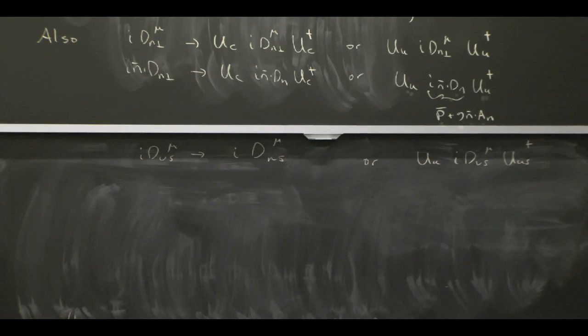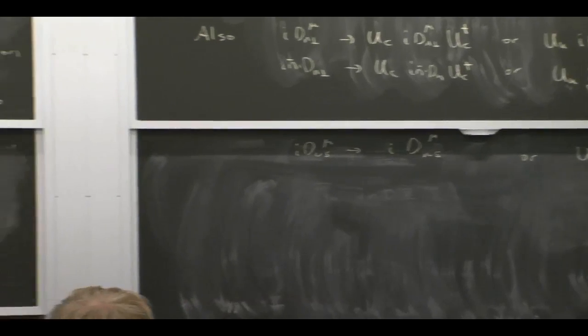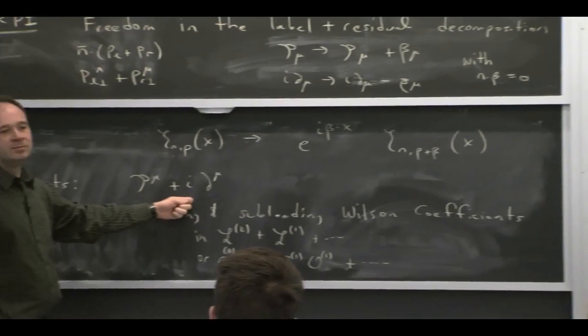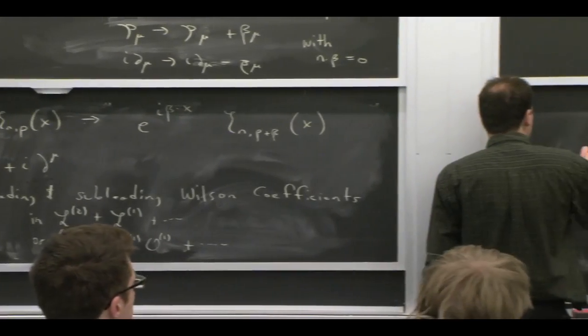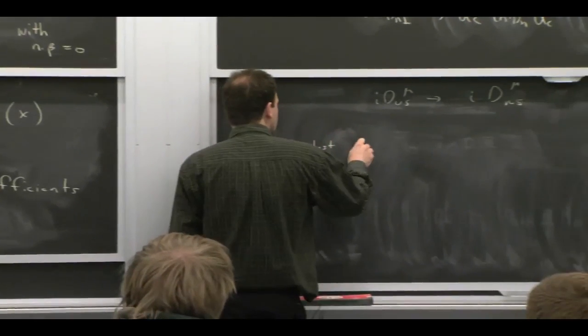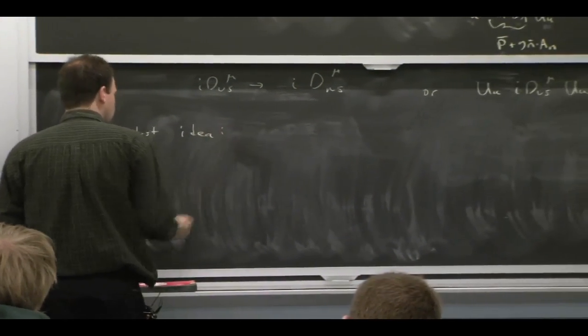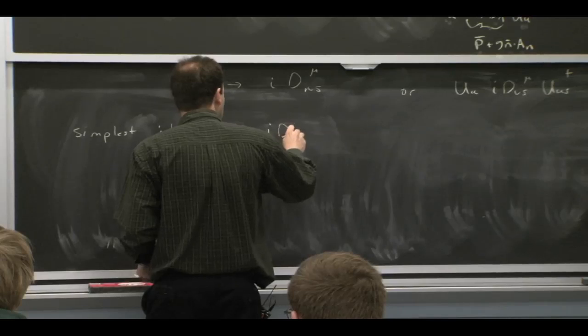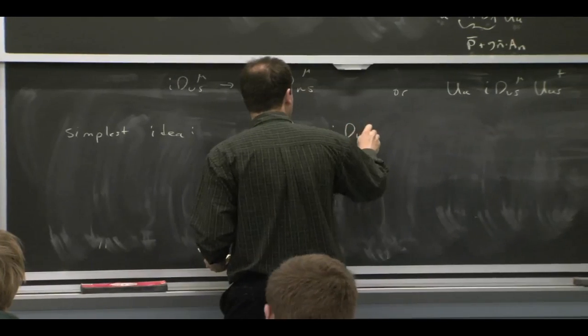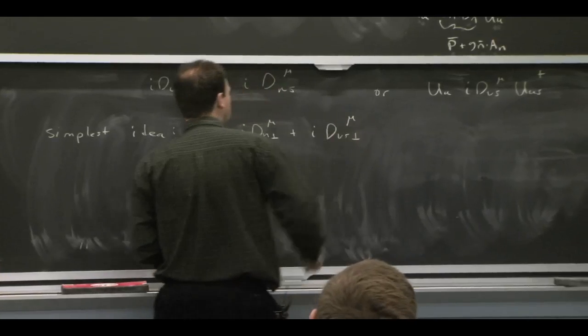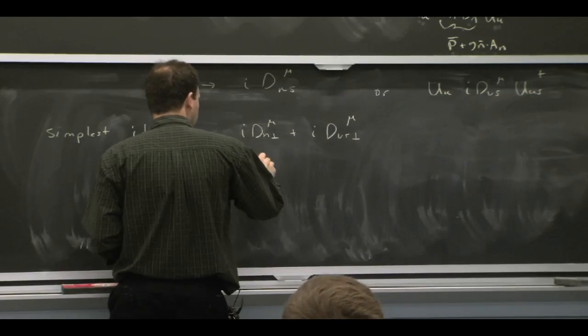So the simplest idea that you would say is just take these guys and replace this by a covariant derivative and that by a covariant derivative, right? It's always useful to think about the simplest thing first. So this would be the simplest thing.